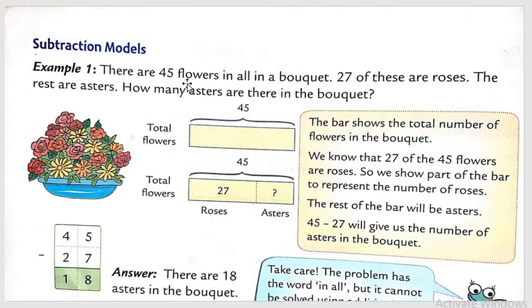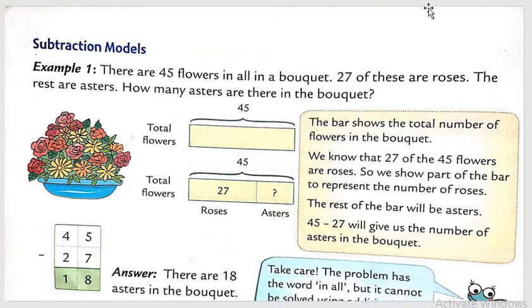So there are 45 flowers in all in the bouquet, and 27 of these are roses. The rest are asters. Got my point?